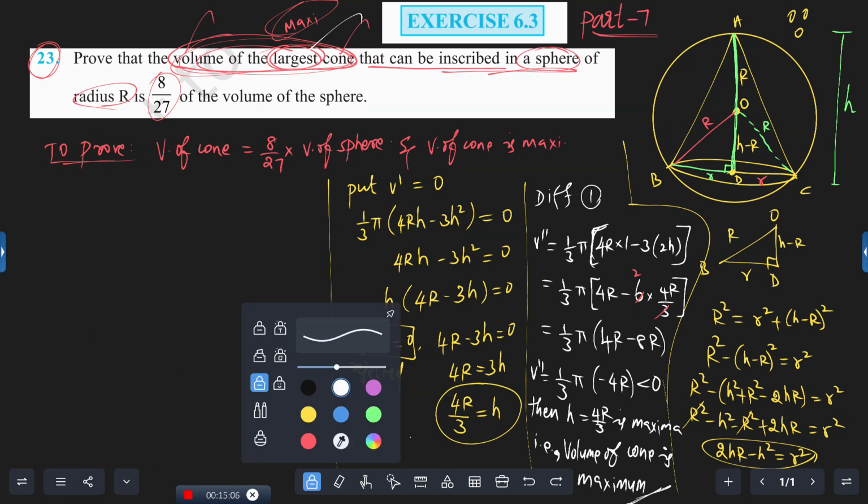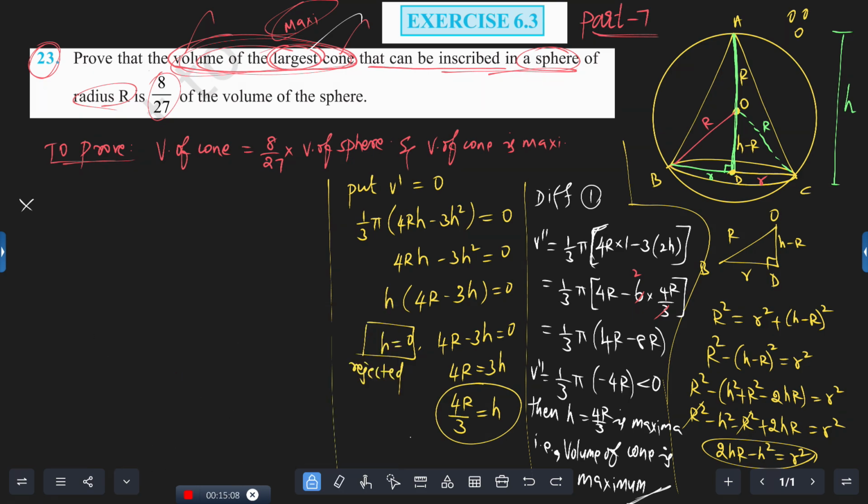So listen, I'm going to apply it in star. What is star, children? Do you remember what the star point is? V is equal to 1 by 3 pi into 2r h square minus h cube.